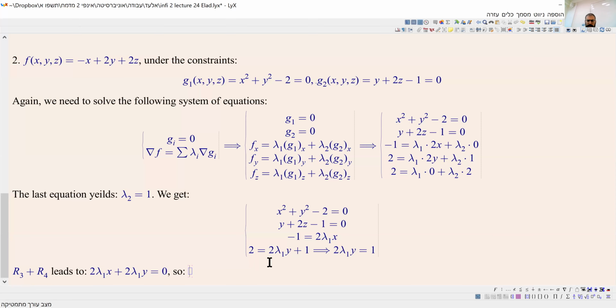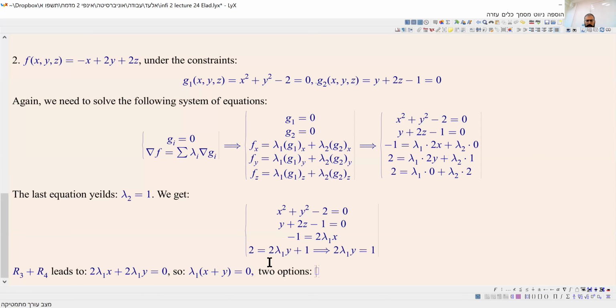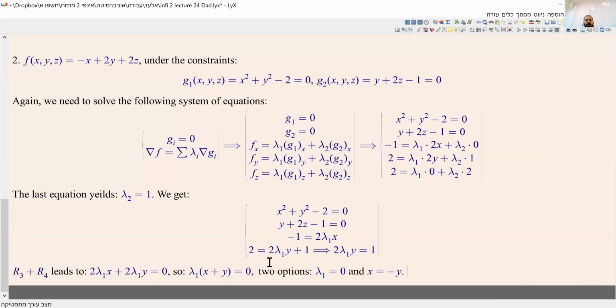Taking out lambda 1 as a common factor and dividing by 2 leads to lambda 1 times (x plus y) is 0, and we have two options. Lambda 1 is 0, or x is minus y. Lambda 1 is 0 leads to a contradiction: 0 equals minus 1 or 0 equals 1, so we can delete this.